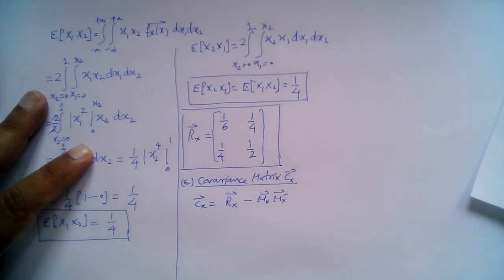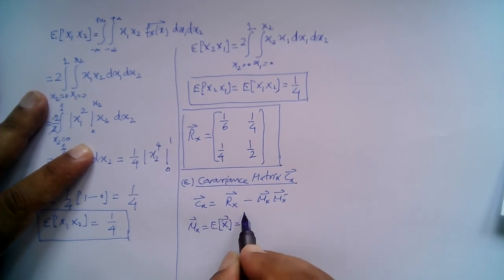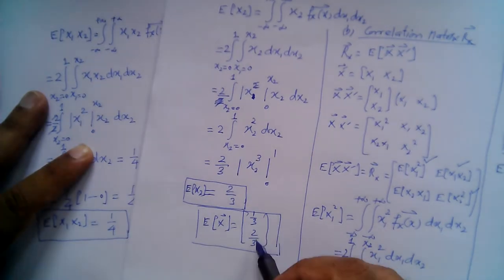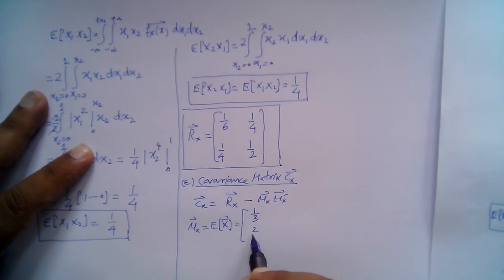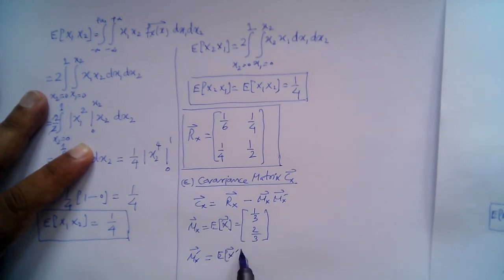So mu x we have already found, which is the expected value of x. We found that out earlier, and it is given by this column vector 1 over 3 and 2 over 3. So mu x dash, that is the transpose of this one, which is x dash bar, is equal to 1 over 3, 2 over 3. This is a row vector, right?